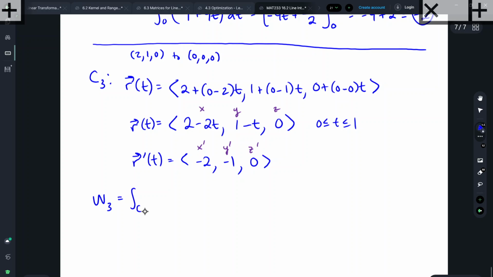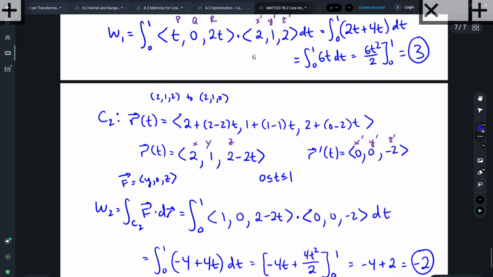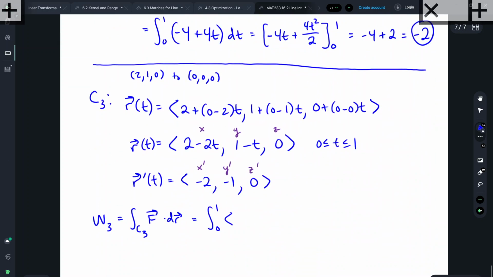So that's the integral over C3 of f dot dr. And so we integrate from 0 to 1. The vector field again is y, 0, z. Right, so y is 1 minus t, and 0, and z is 0.